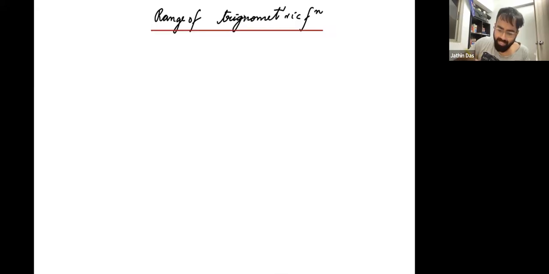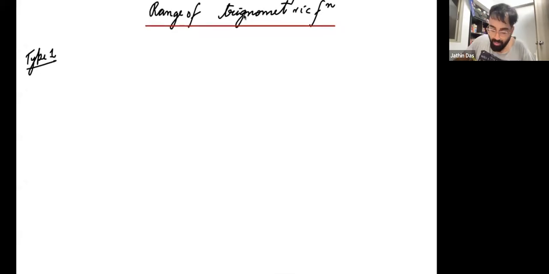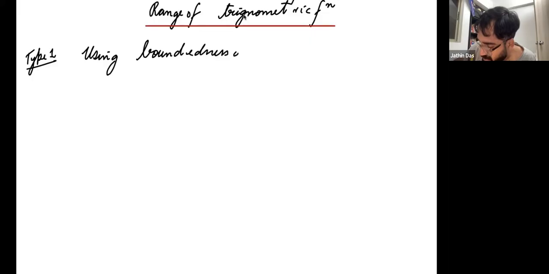So we'll study different types, but sometimes two types are mixing also. First is finding the range using the boundedness of a trigonometric function.